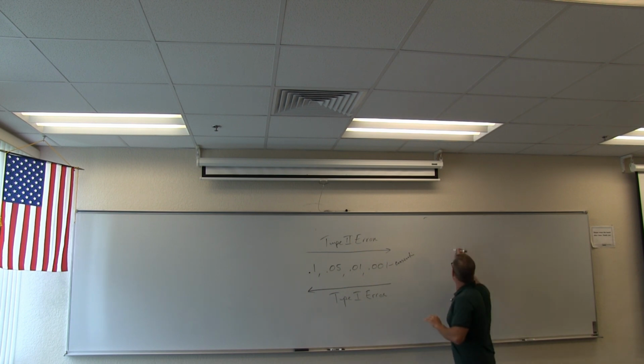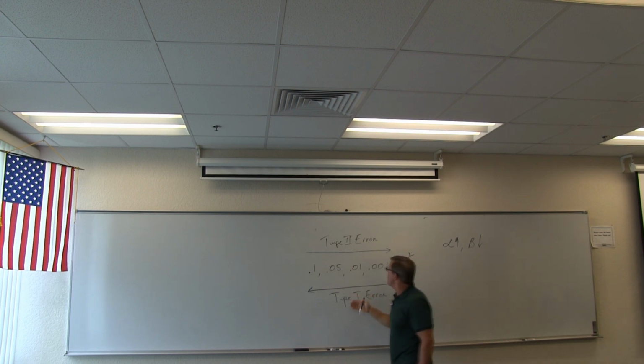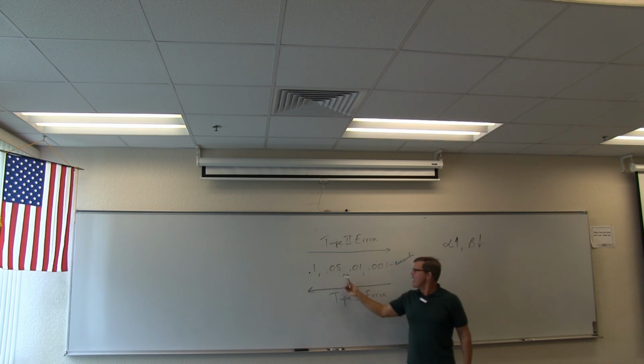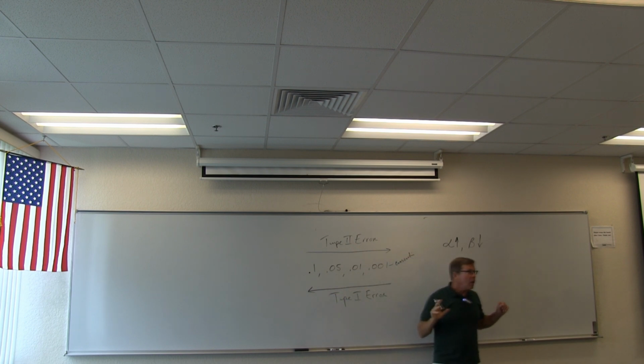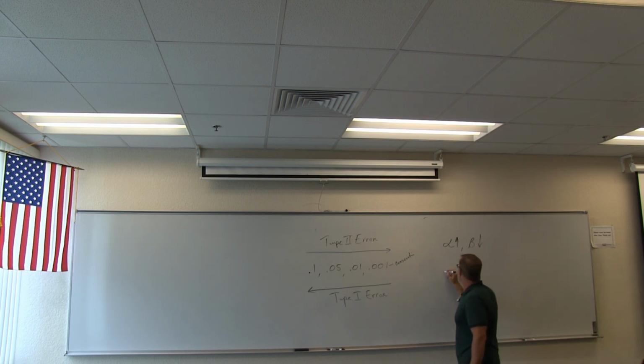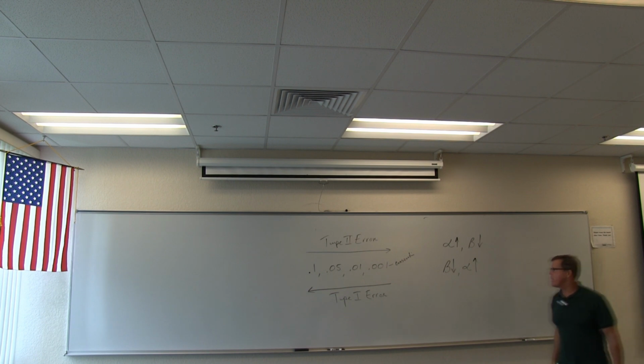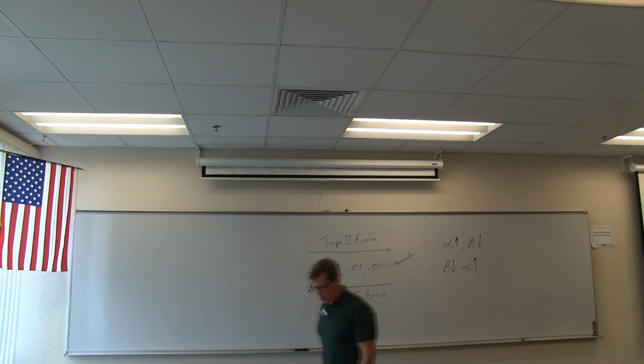So the relationship between alpha and beta is inverse. As the likelihood of a type 1 error increases, the likelihood of a type 2 error decreases. It's less likely to commit a type 2 error up here because the critical values are lower, and there's a higher likelihood of rejecting the null. As beta decreases, alpha increases. Type 1 and type 2 error, it's an inverse relationship.